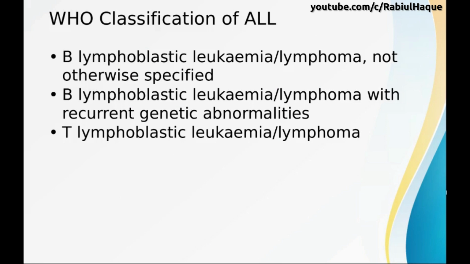Regarding the WHO classification, here we have divided acute lymphoblastic leukemia or lymphoma under three broad headings. They are B lymphoblastic leukemia or lymphoma not otherwise specified, B lymphoblastic leukemia or lymphoma with recurrent genetic abnormalities, and the third group is T lymphoblastic leukemia or lymphoma.